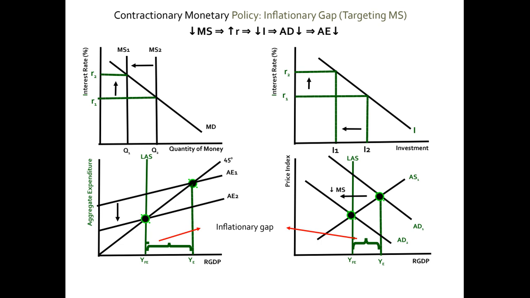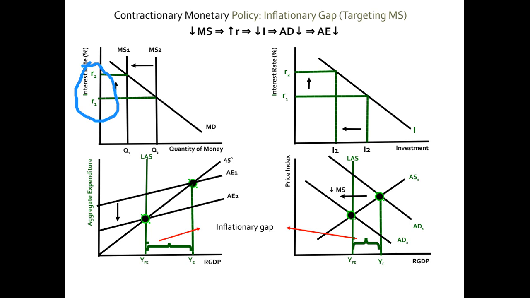But I told you in Canada, the Bank of Canada does not target money supply. The Bank of Canada targets the interest rate directly, because if you are targeting money supply, technically you want to impact this interest rate. So why not directly control this interest rate rather than controlling it through money supply?